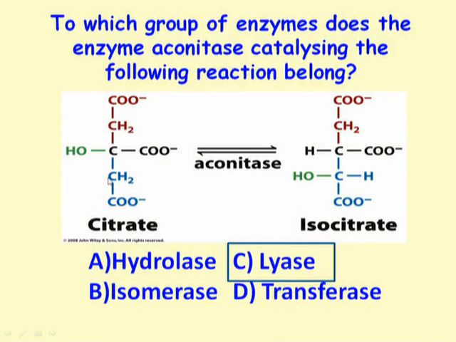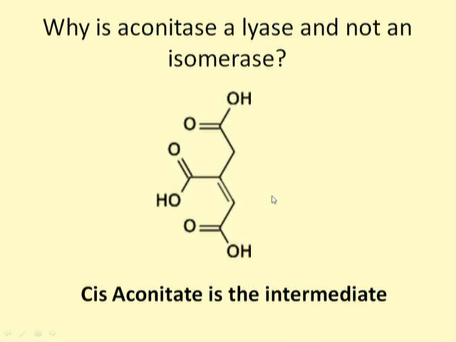Because citrate and isocitrate are isomers, and the enzyme aconitase interconverts the two, yet it is considered a lyase. The answer lies in the fact that this enzyme catalyzes the conversion of citrate to isocitrate through an intermediate, which is cis-aconitate, whose structure is given here.